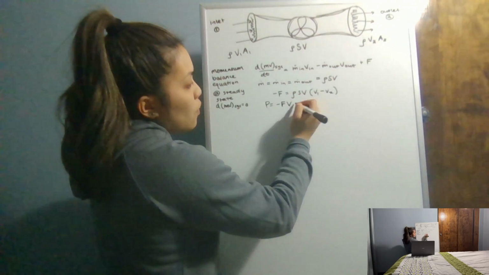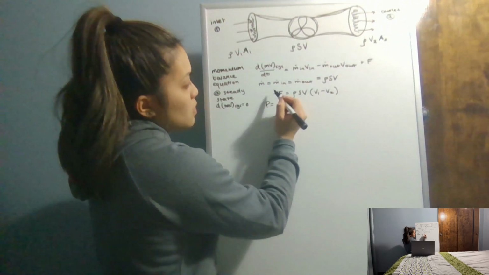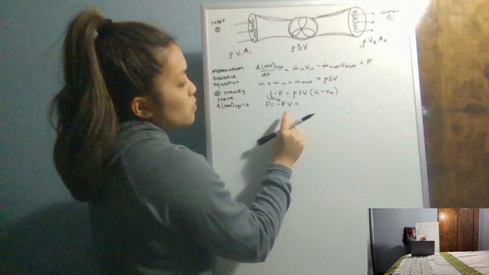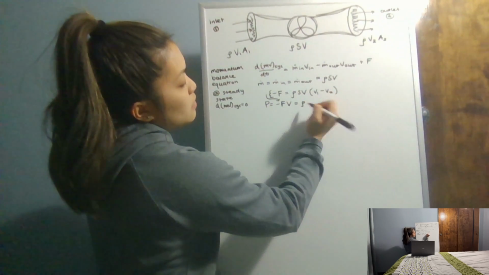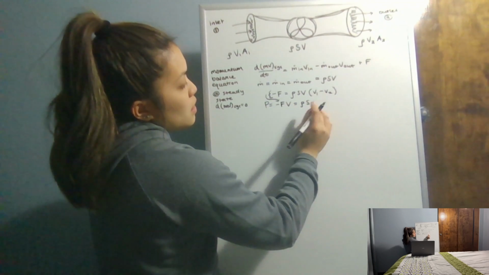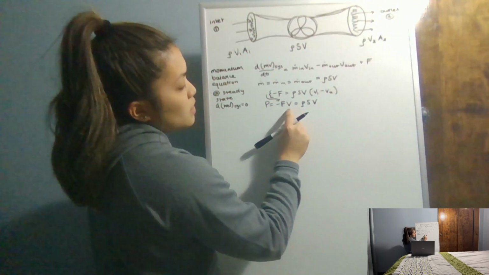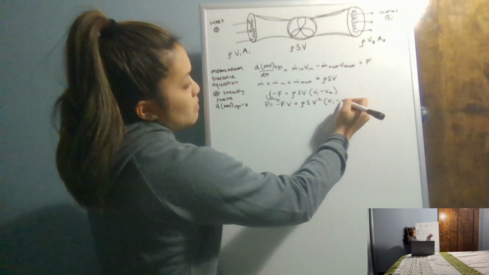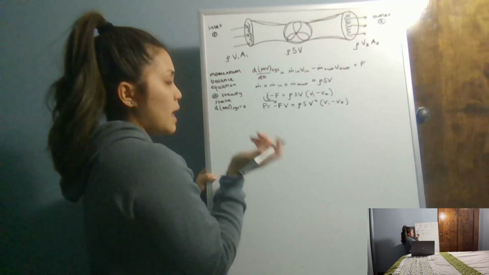If we plug in for this negative force, we'll have the density times the area times the velocity, and then we have another velocity here, so it'll be velocity squared times the velocity at 1 minus the velocity at 2. And that's the power if we're using the momentum balance equation.